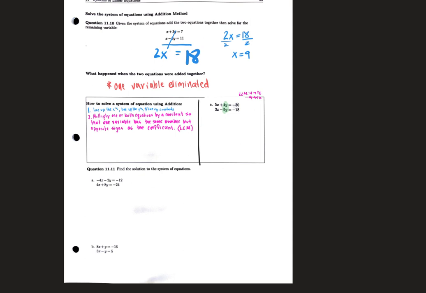So what that means is I would take my top equation and multiply it by 9 because 4 times 9 is 36. So 5 times 9 is 45x, 4y times 9 is 36y, negative 30 times 9 is negative 270.